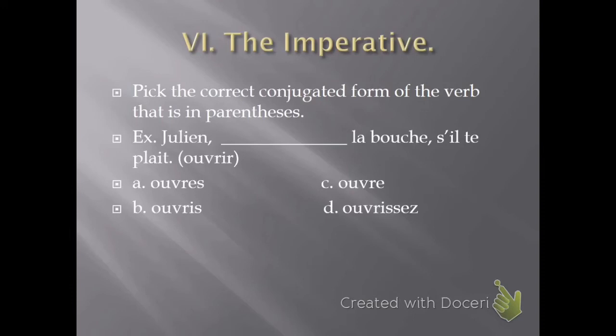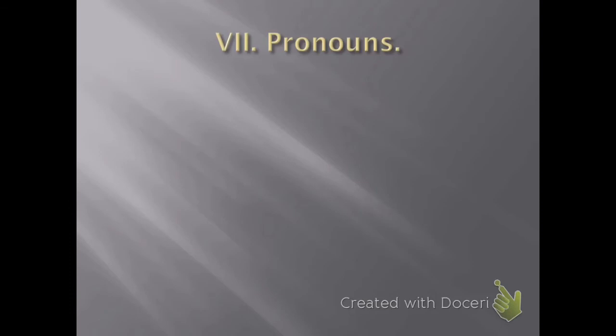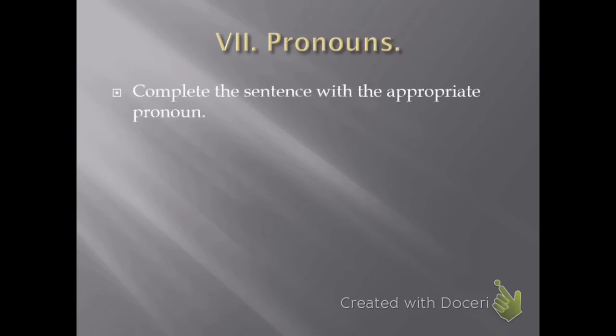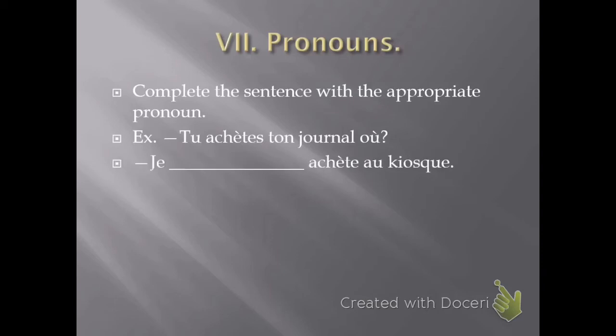Now remember, we're speaking to Julien, and we're asking in command form, but because we follow the ER verb pattern, we need to choose C. That is our only option here for this conjugation. Part 7, pronouns. What we need to do here is complete the sentence with the appropriate pronoun. For example, "Tu achètes ton journal où? Je blank achète au kiosque."